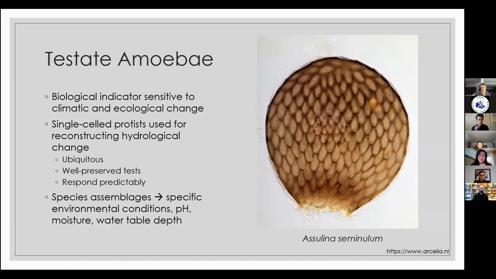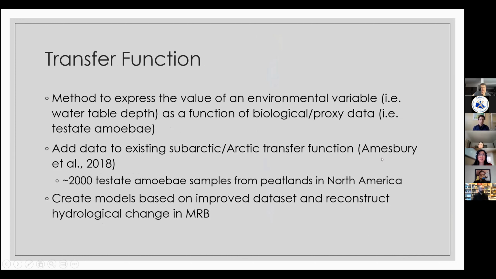They can be easily collected and identified to species level, grouped into assemblages, and then that can represent specific environmental conditions. This is important because we will add this data into a training set, which will be used to develop a transfer function, which will then be used to reconstruct the hydrology of the Mackenzie River Basin.